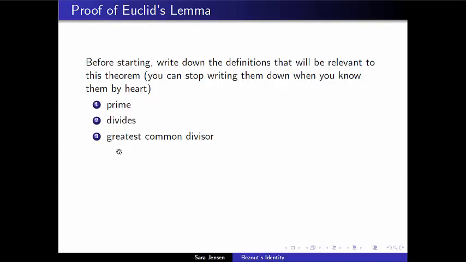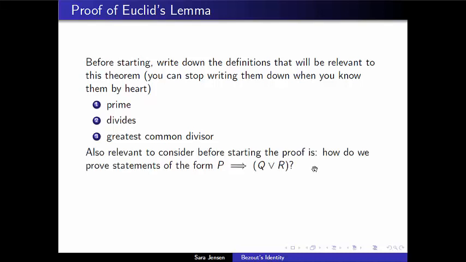That's not immediately obvious from the statement of Euclid's lemma, but given that we're going to be using Bezout's identity, which deals with the greatest common divisor of two integers, we know that as sort of a hint before we start the proof. We should make sure we understand that definition of greatest common divisor as well.